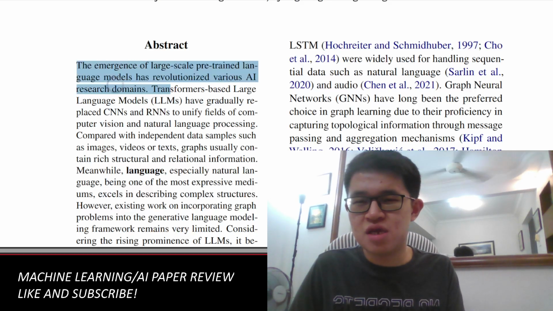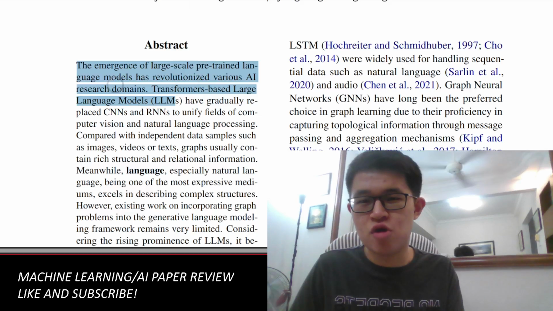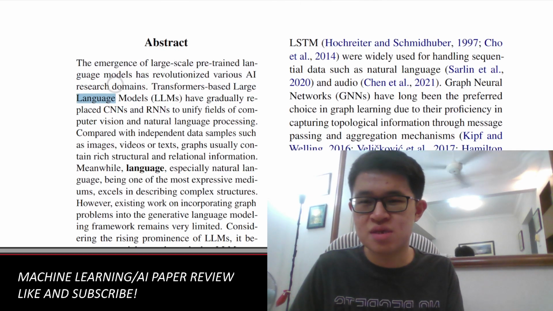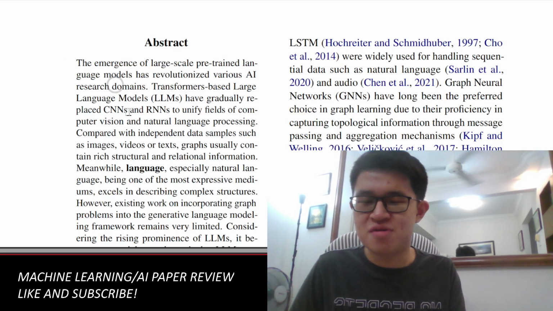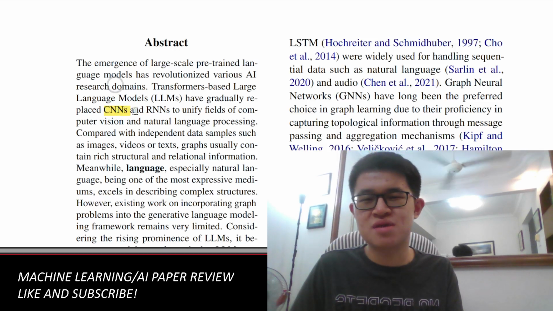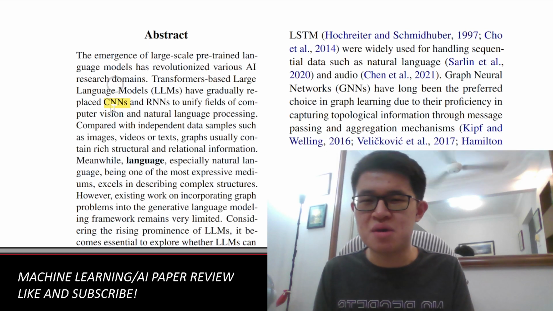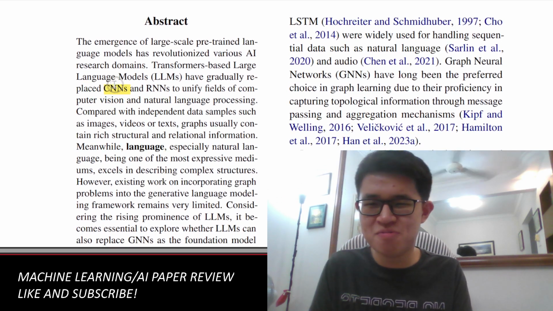So obviously, LLMs have emerged over the past few years, and they replaced convolutional neural networks and RNNs. Well, look, I'm not so sure about the convolutional neural networks because that isn't a language model.